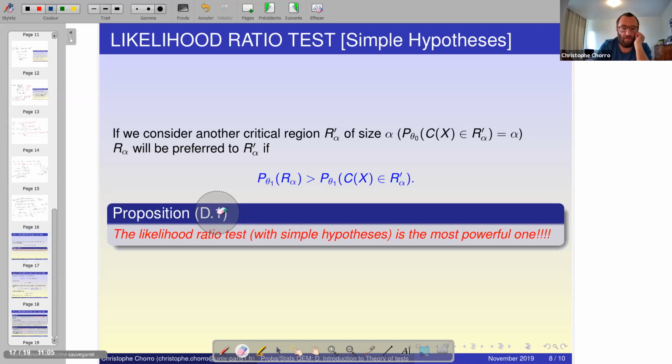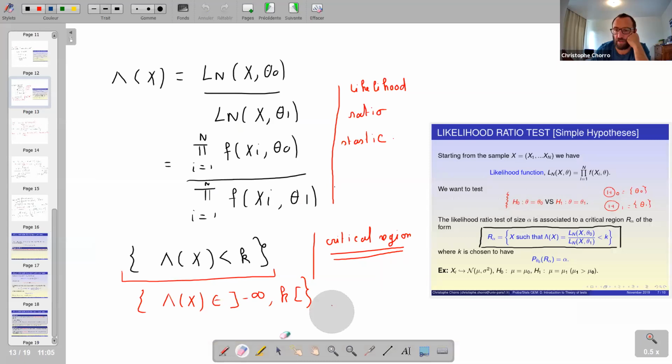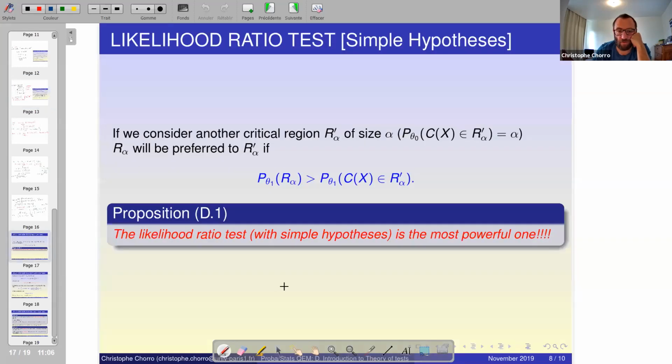And the very nice property is that if I consider my previous situation, if I want to test theta equal to theta 0 versus theta equal to theta 1, and I build a test this way using the likelihood ratio statistic, then I can prove, it's what we call the Neyman-Pearson lemma, that this test is in fact the best one. That is, for a fixed level, this test is the most powerful one.